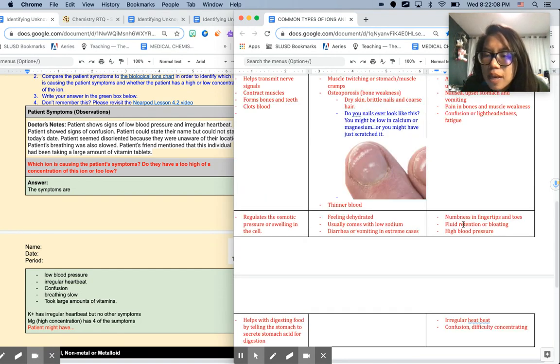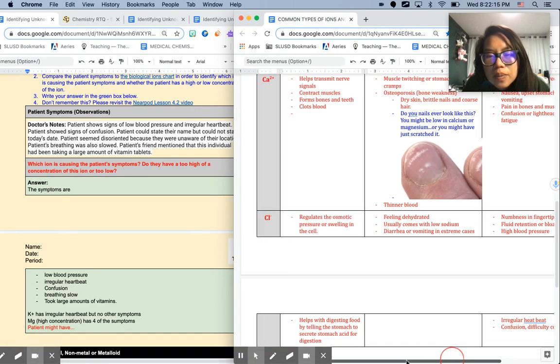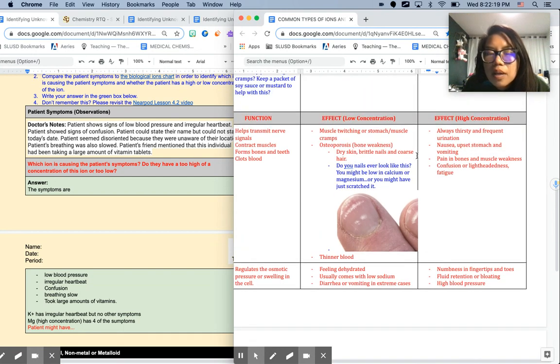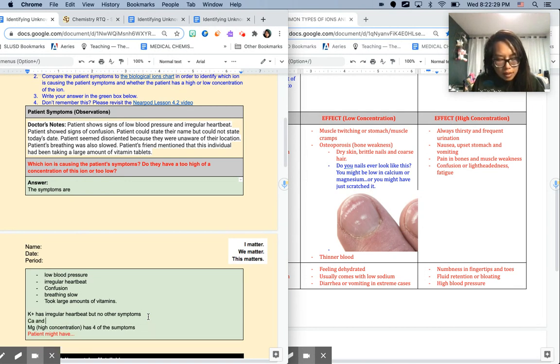So no symptoms there and one symptom there. So K has one symptom. What's this one? Cl has one symptom. And Ca has one symptom. So K plus, Ca and Cl have one of the symptoms.